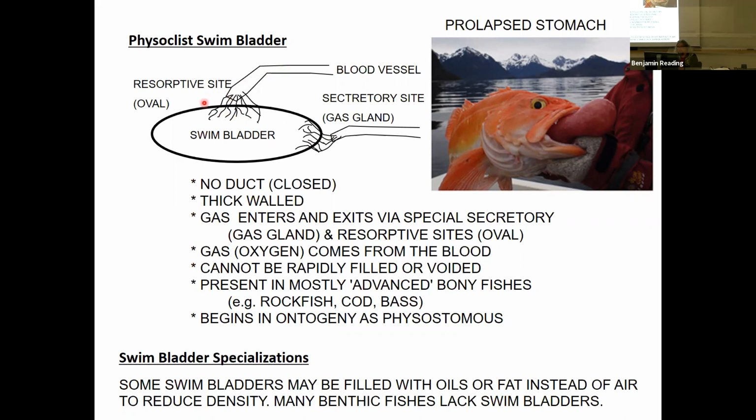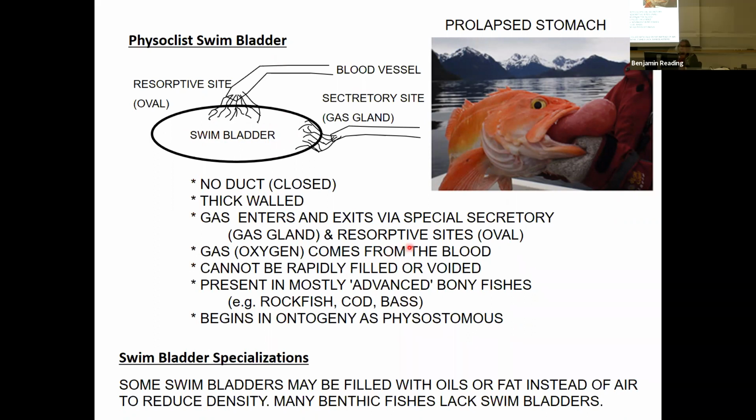Now, the problem is that fish cannot do this rapidly. So if you take a fish like this grouper, a physoclistous fish, and you catch it in the deep sea and you reel it all the way up, look at this. As the pressure changes, the fish is not able to void gas out of this thing very rapidly.